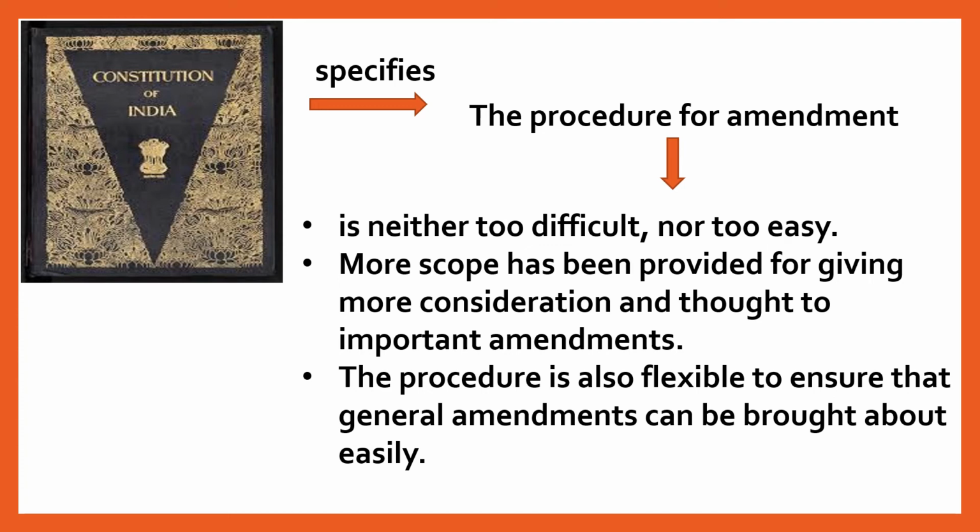Also, while bringing about amendments in the Constitution, there is more scope for first considering the important amendments. All the procedures stated by the Constitution are flexible so as to ensure that general amendments or changes can be brought about easily.